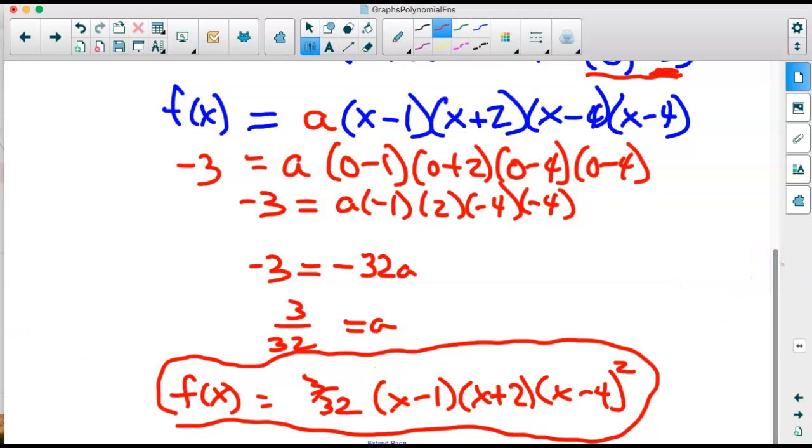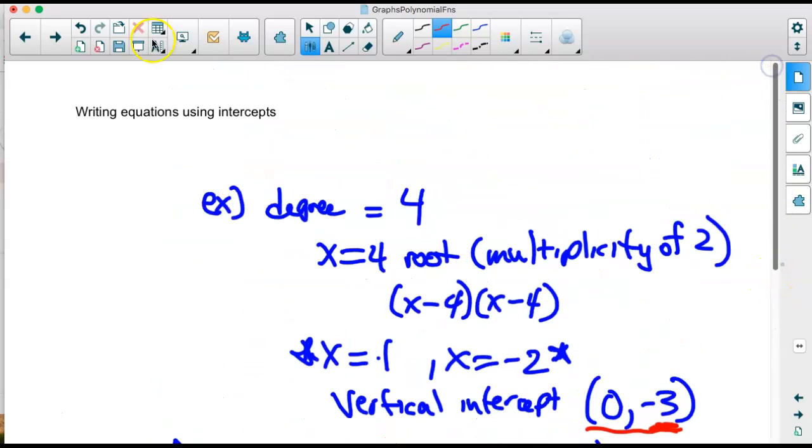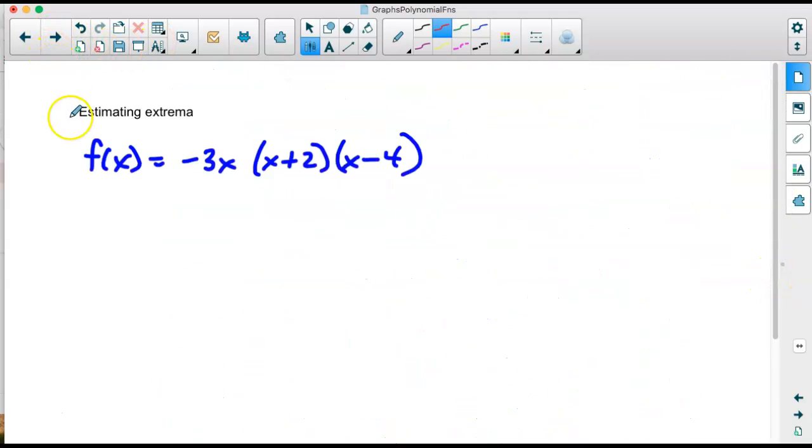Now, in the last part of this, finding extrema, what we would want to do is use Desmos. Okay, so once we have our normal graph here, we would want to plug this into Desmos, and it would tell us what our extrema values are. So we know this is x to the third power.